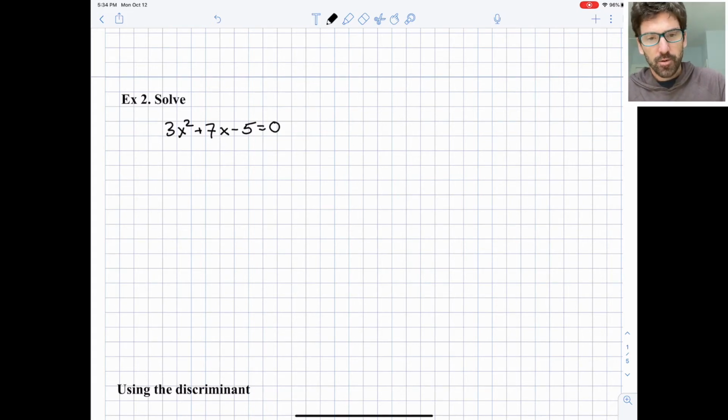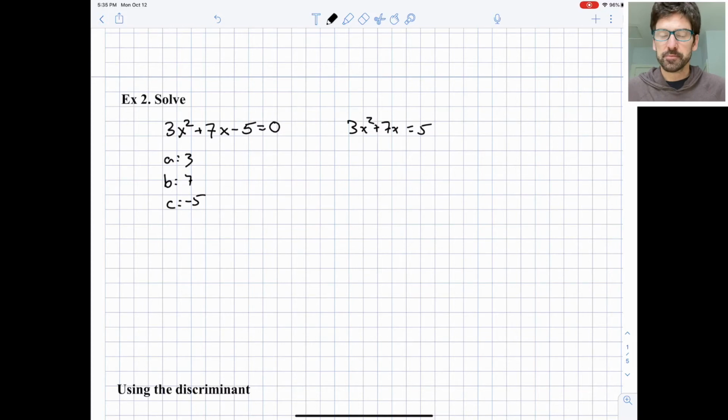If we had something like this, we would want to make sure we subtract 5 from both sides to get our equation equal to 0. Just a reminder that the quadratic formula only works if our quadratic expression is equal to 0. So let's write out what a, b, and c are: 3, 7, and negative 5. Let's just plug it in.